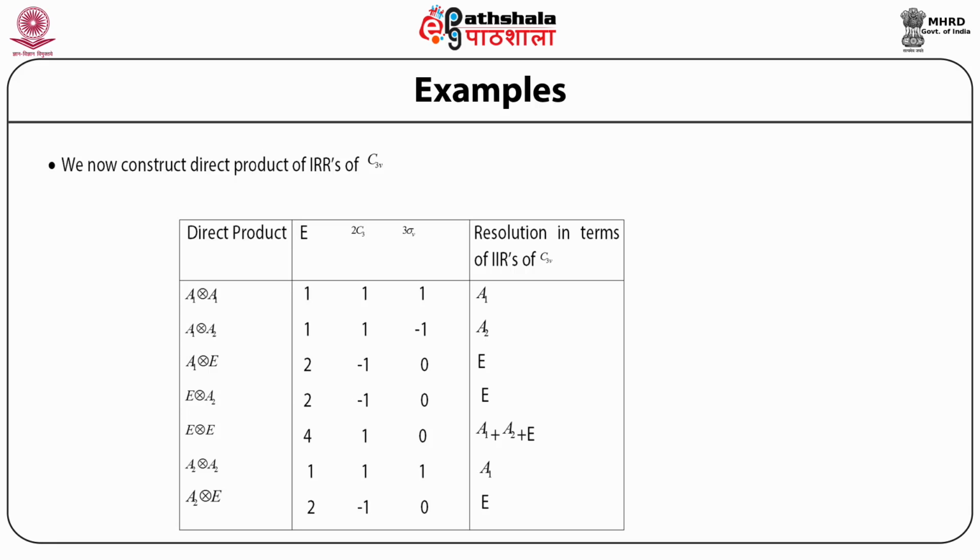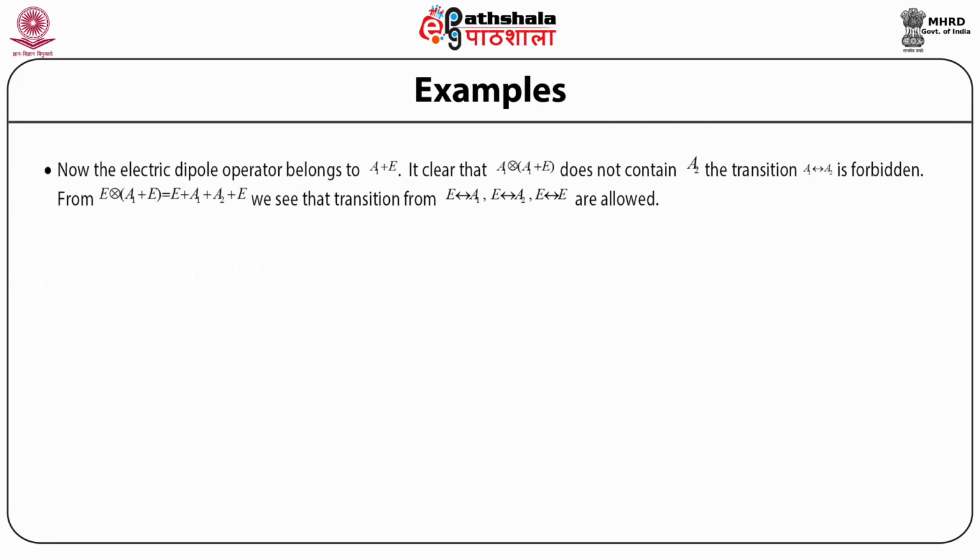So what do we learn from this? What we learn is that since the electric dipole operator has components x, y, z, which belong to the representations A1 and E, the electric dipole operator belongs to the representation A1 plus E. It is now clear that A1 cross (A1 plus E) does not contain A2, therefore the transition A1 going to A2 is forbidden.